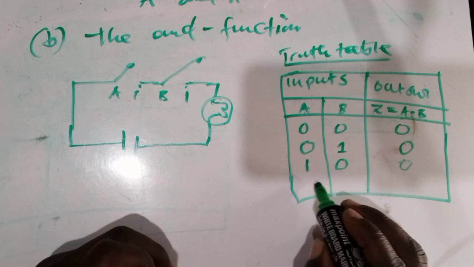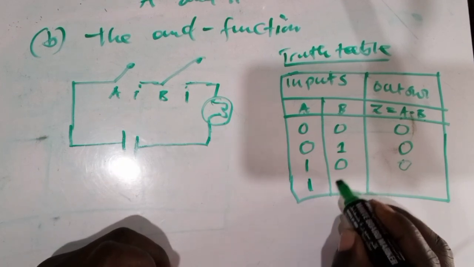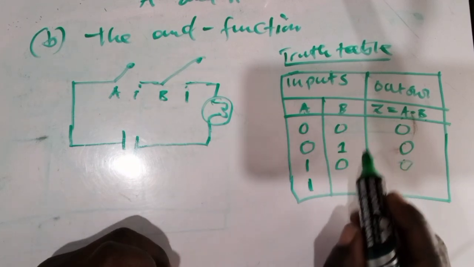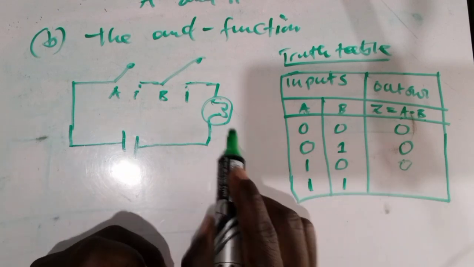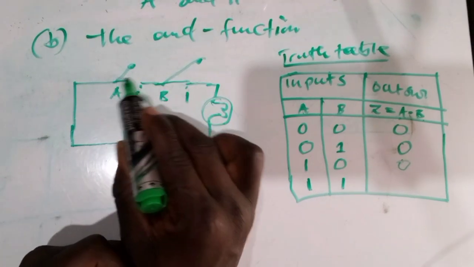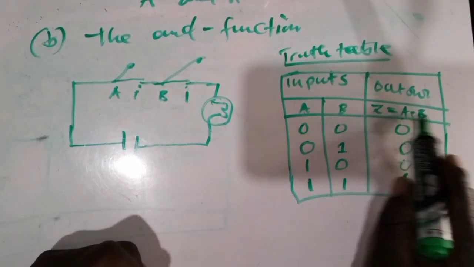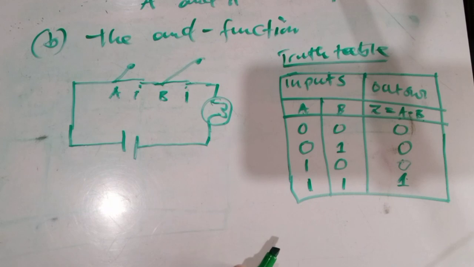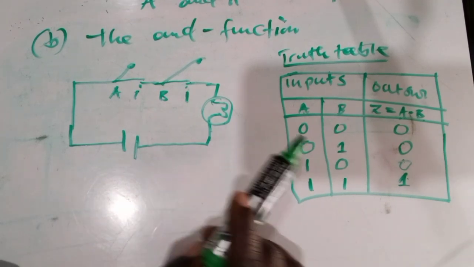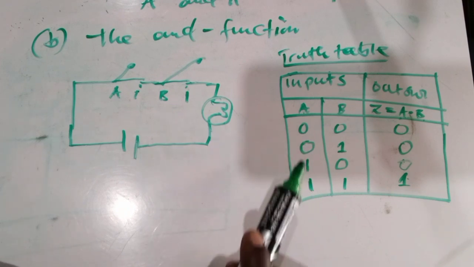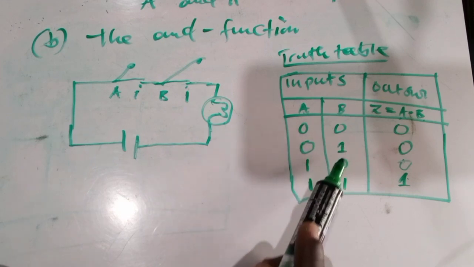Then when we close A and B, the bulb will be on because all the switches are closed. So the output will be 1, because 1 times 1 is 1. So we end here. We only deal with zeros and ones, so that's why I was putting 0 and 1 here.